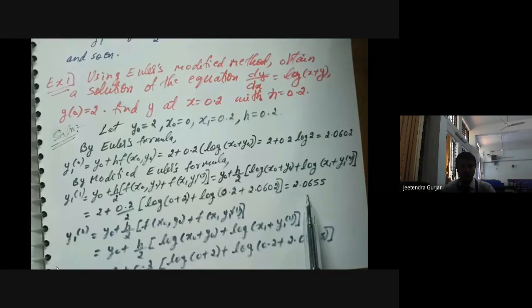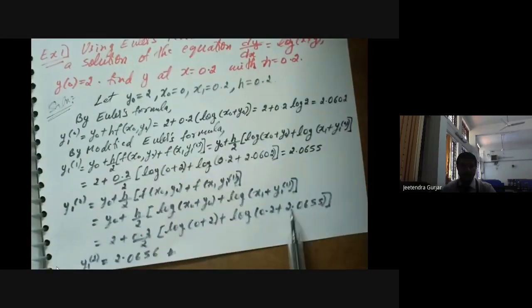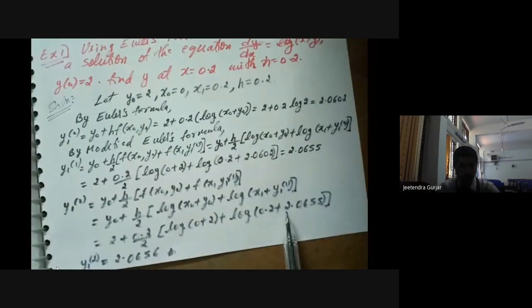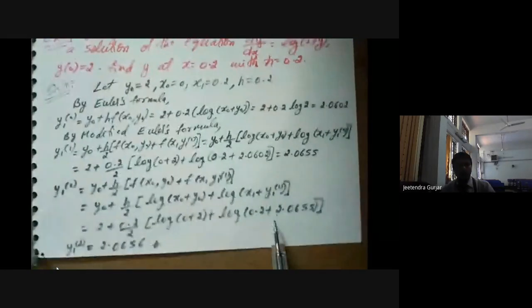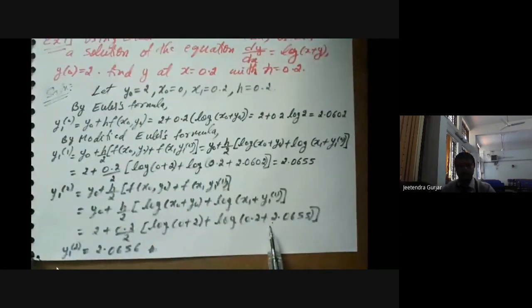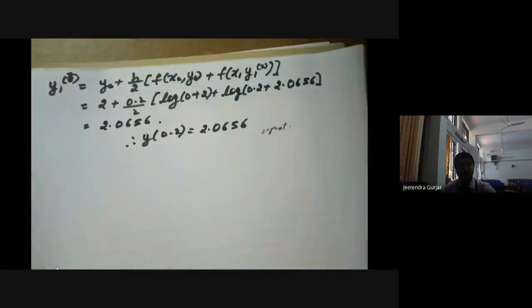You can see 2.0602 is now going to become y1 dash is equal to 2.0655. So in the next, you can just see y1 raised to 2 is equal to y0 plus h upon 2, f of x0, y0 plus f of x1, y1 dash. So like this we will continue with the y1 raised to 3.